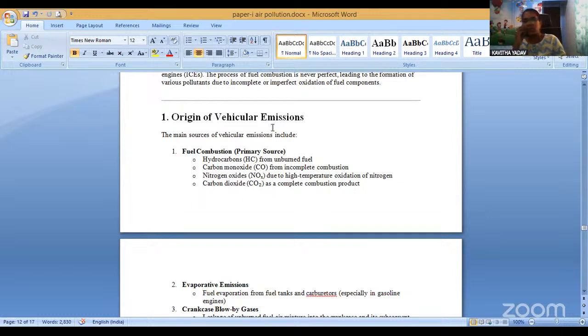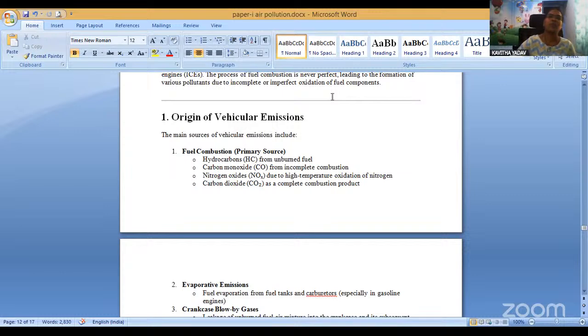Next, origin of vehicular emissions. The main sources of vehicular emissions include, first, fuel combustion, which mainly includes four points: hydrocarbons from unburned fuels, carbon monoxide from incomplete combustion, nitrogen oxides due to the high temperature oxidation of nitrogen, and carbon dioxide as a complete combustion product.